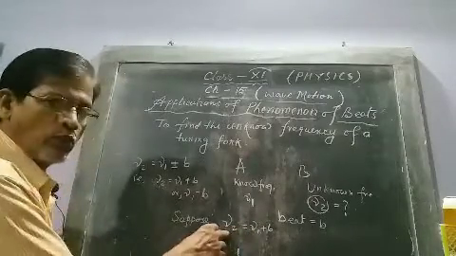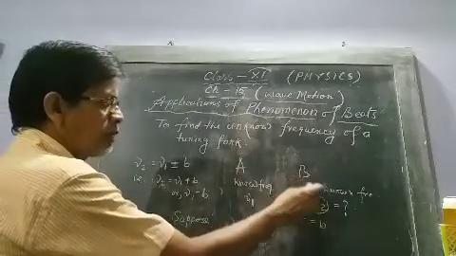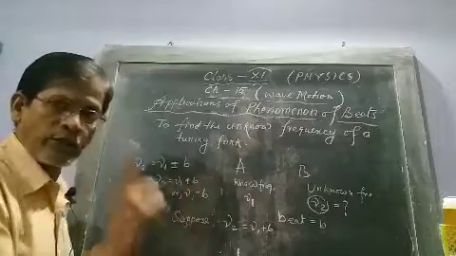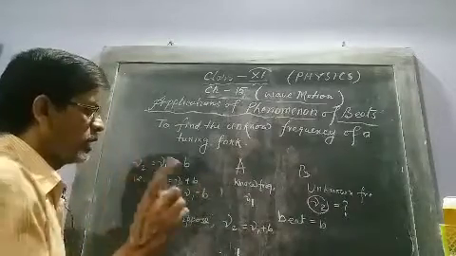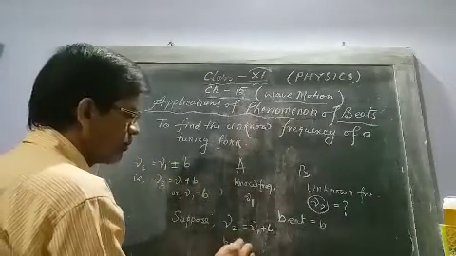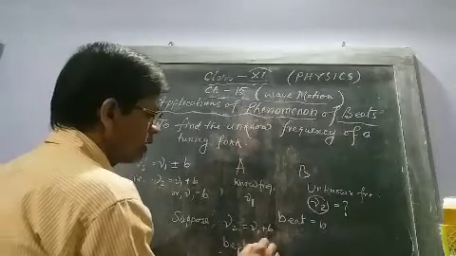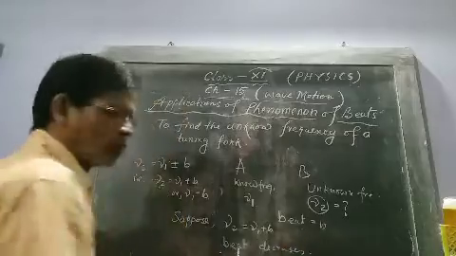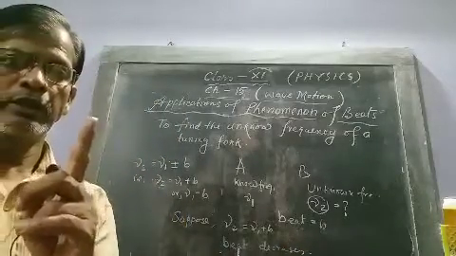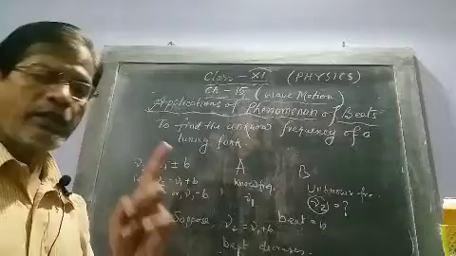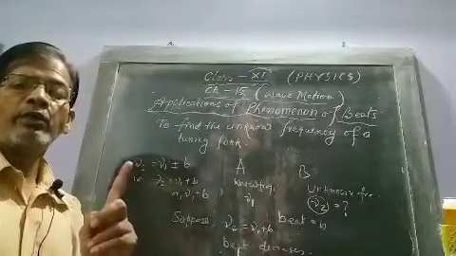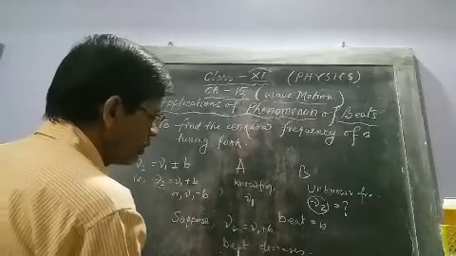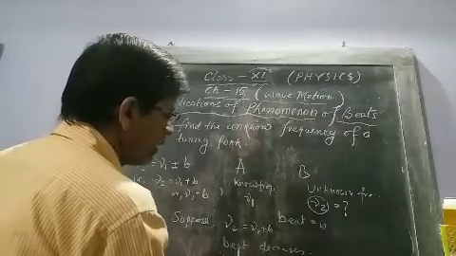So on loading prongs of tuning fork B, its frequency decreases, and due to which beat frequency decreases. So if on loading the beat frequency decreases, then the frequency of the unknown tuning fork is nu2 equal to nu1 plus b.